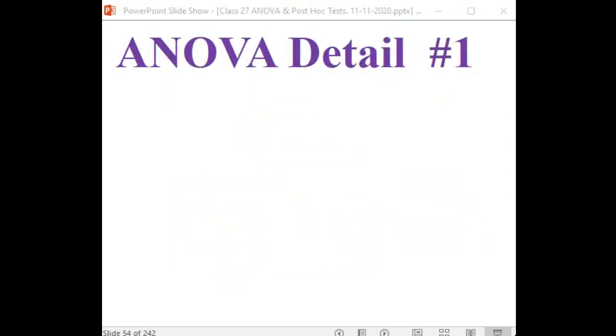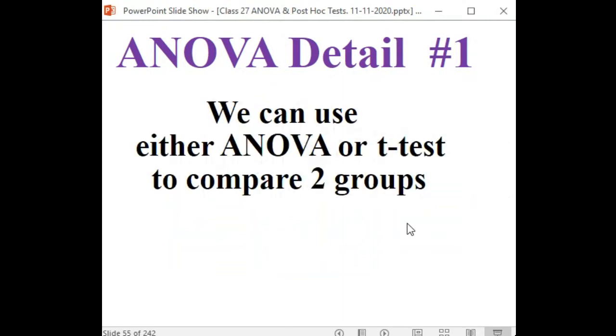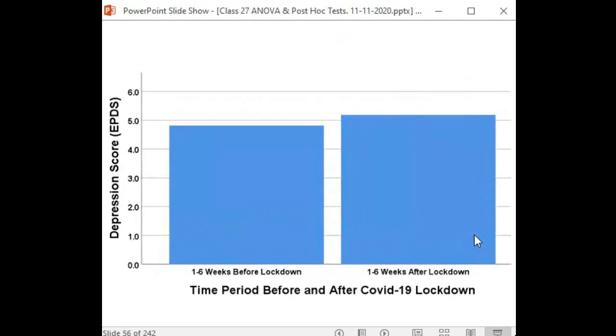The first detail is that we can use either ANOVA or a t-test to compare two groups. If we have only two groups, either ANOVA or the t-test will work. So here's the bar graph with only two bars that we saw when we were reviewing the t-test.